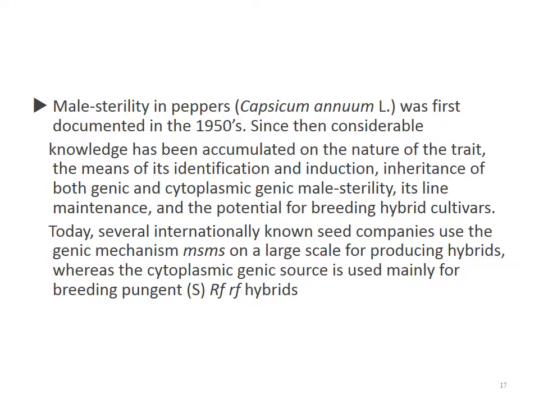Today, several internationally known seed companies use the genetic mechanism, that is small ms, on a large scale for production of hybrids, whereas the cytoplasmic genetic source is used mainly for breeding pungent kind hybrids, that is capital RF and small rf.